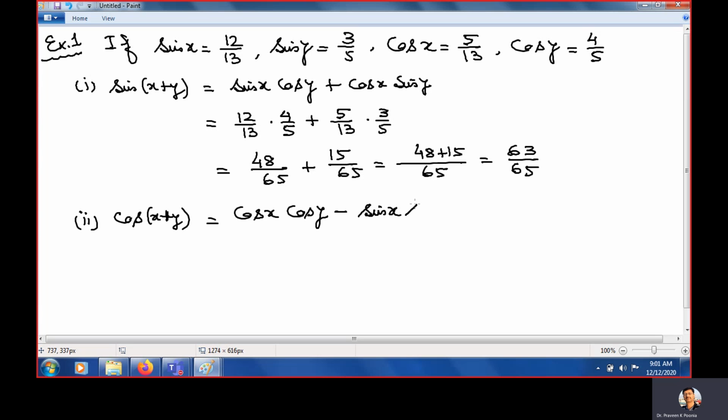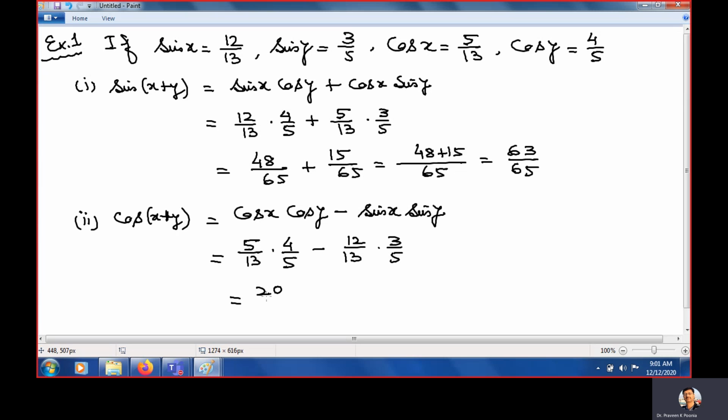Now put the value of cos x, 5 upon 13, into cos y, 4 upon 5, minus sin x, 12 upon 13, into sin y, 3 upon 5.